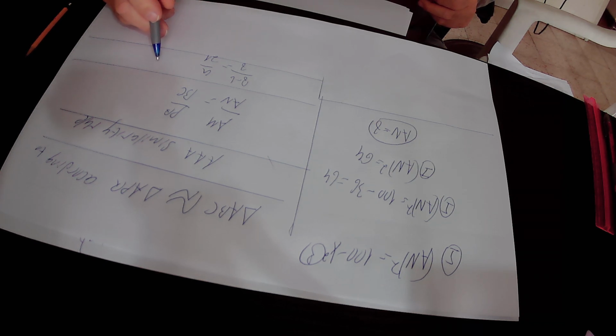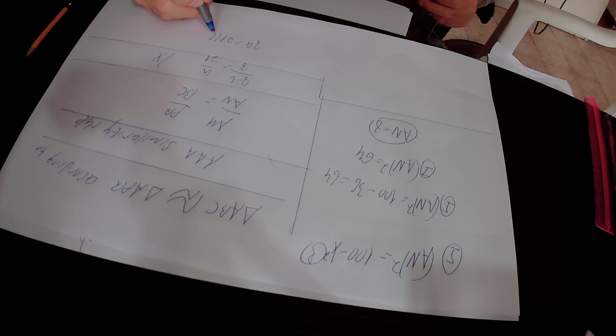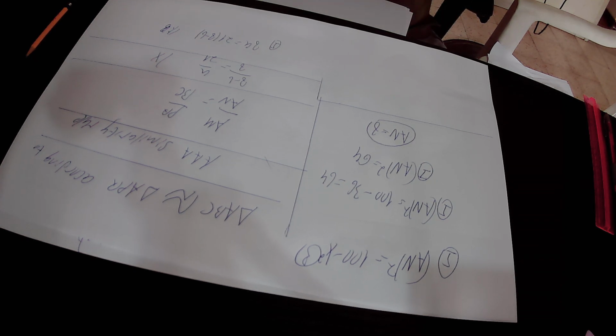Here we cross multiply this equation and we get that 8a equals 21 times (8 minus b). This is equation 1. So here we divide equation 1 by 8. Finally we get that, according to equation 1, a equals 21 over 8 times (8 minus b).